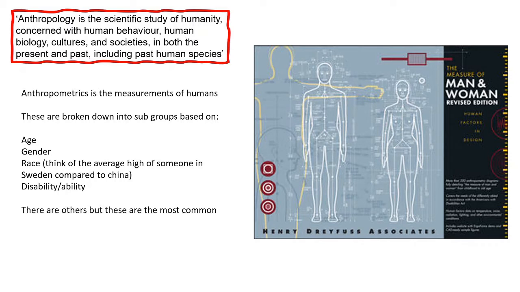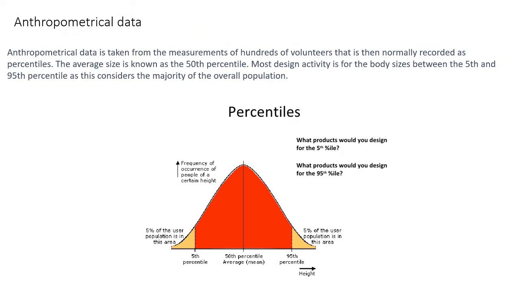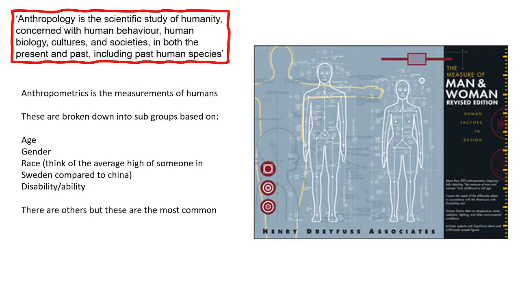If you think about the average height of people in Sweden, compared to China, compared to all over Asia and Central Europe, people are all different shapes and sizes depending on where they are from. And you've also got things like disability and ability as well. There are other subgroups to take into consideration, but these are the main ones that might affect something.